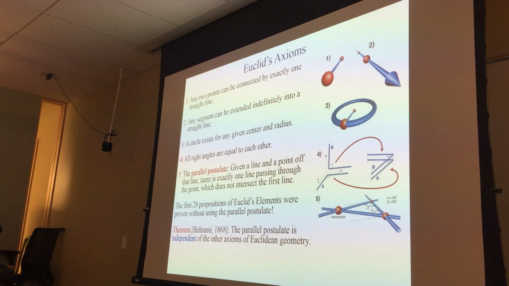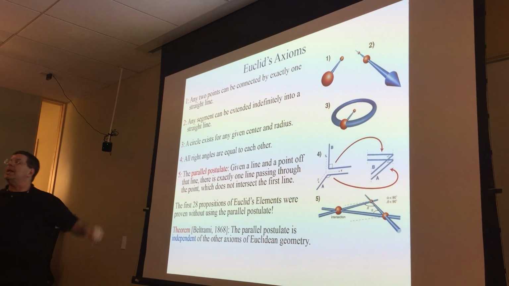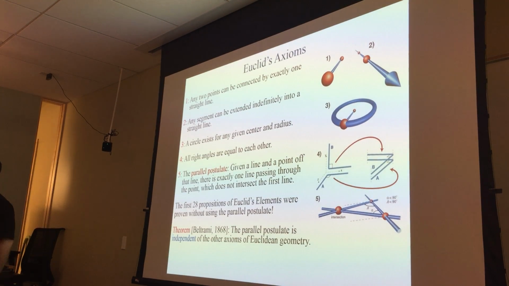It means something very unusual. It means that you can take it in the positive, assume it's true, and your system will still remain consistent, as long as it was consistent before. Or, alternatively, you can assume that it's false and take that as an axiom, and your system will still be consistent, assuming it was consistent before.